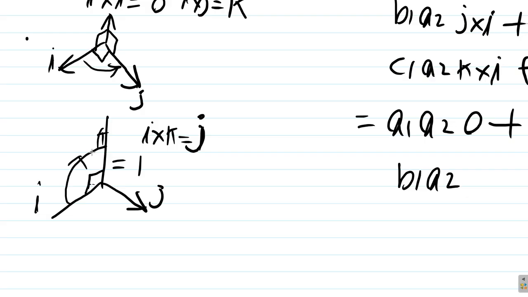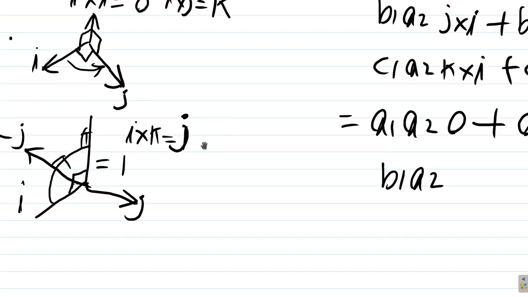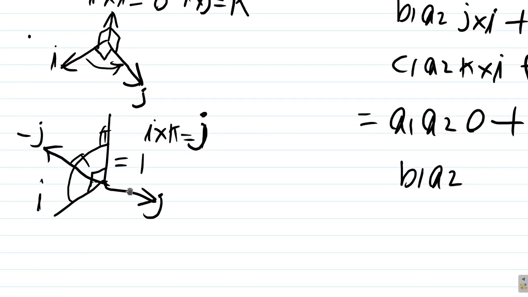J would be the opposite side. There's a right hand rule to determine the direction. Alright, so you have positive J here. I shouldn't bother rub it out. Positive J and negative J. So I cross K would be negative J then.